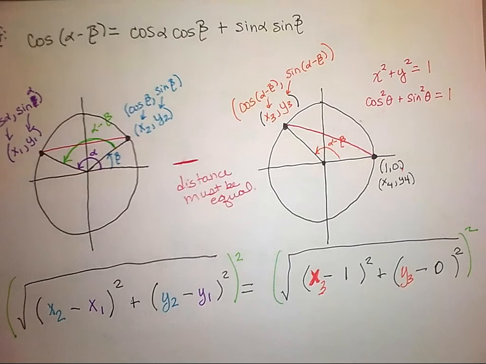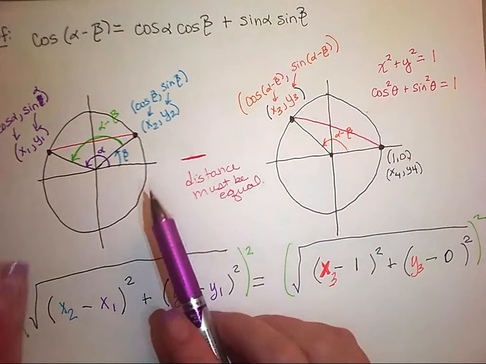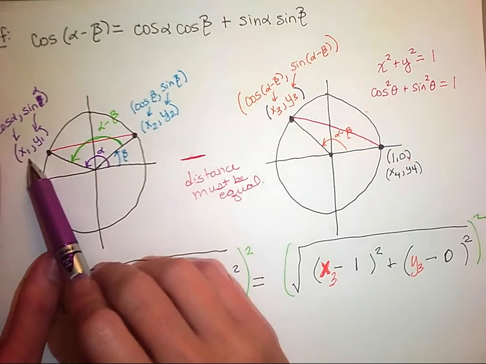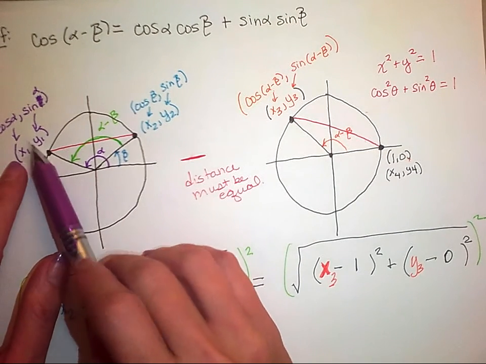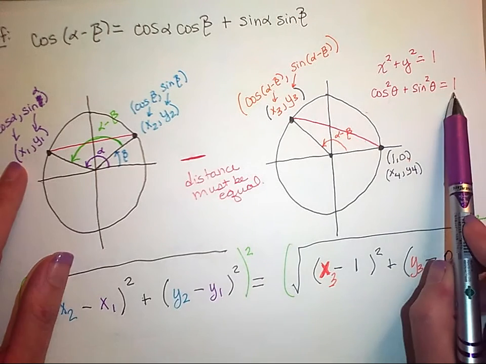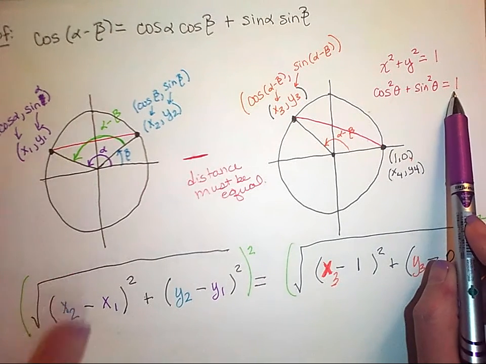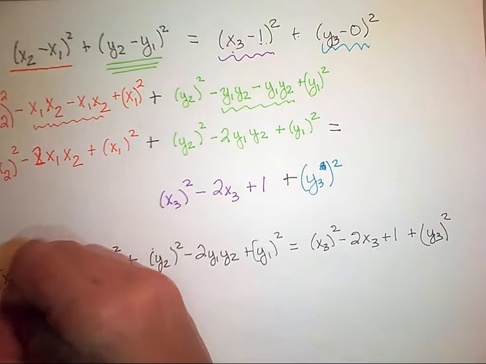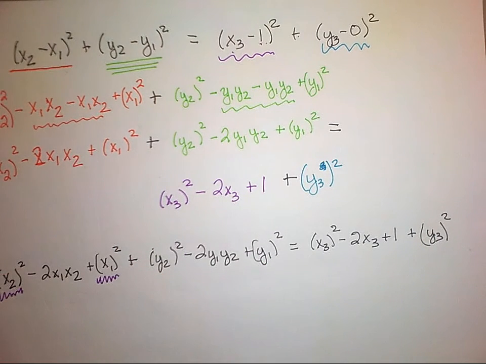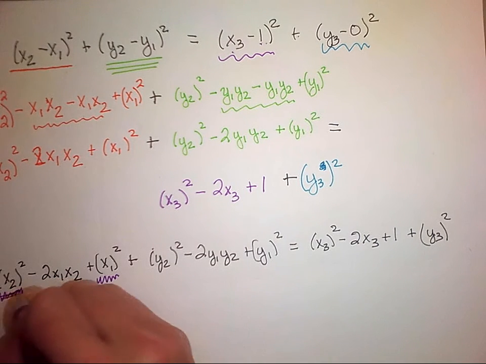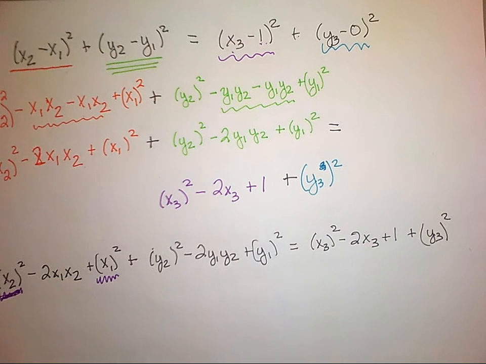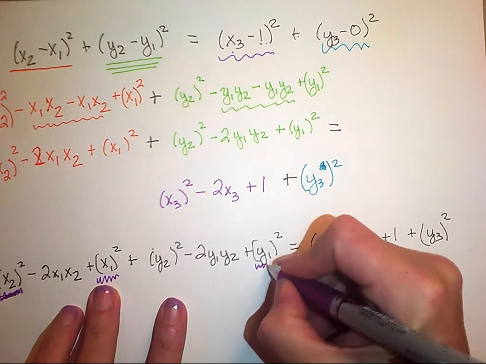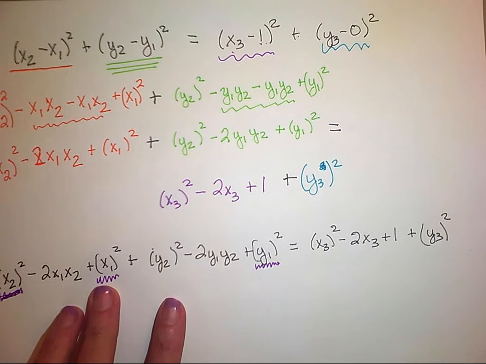Now let's apply that. What this means is if we have an x1 squared plus a y1 squared, it must equal 1. And that's what we have. Here's an x1 squared, and here's y1 squared.